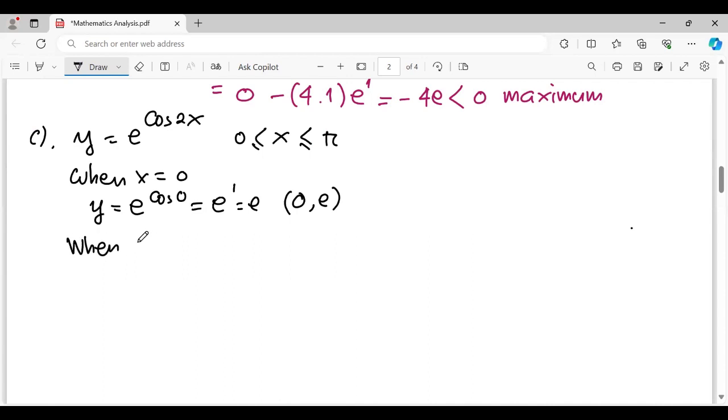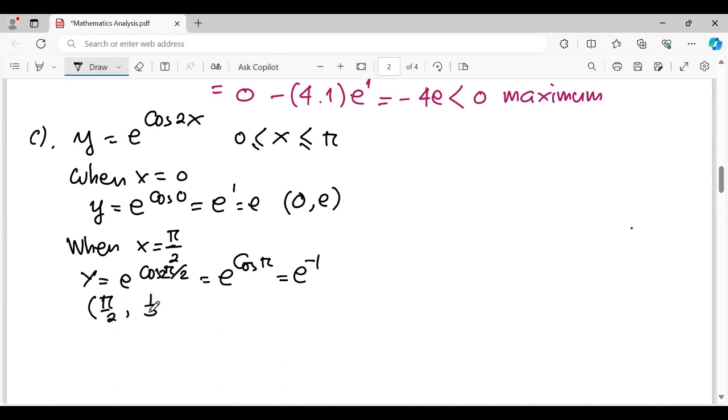When x equals pi half, y equals e power cosine 2 times pi half, it means cosine pi. It is e power minus 1. So the coordinate point is pi half, comma 1 over e.